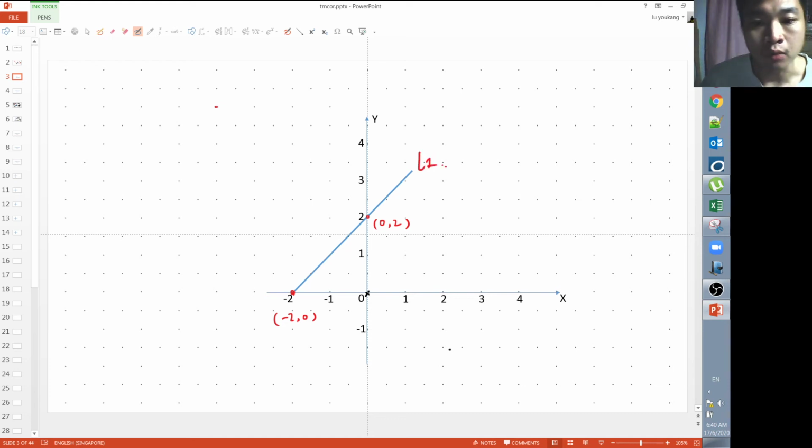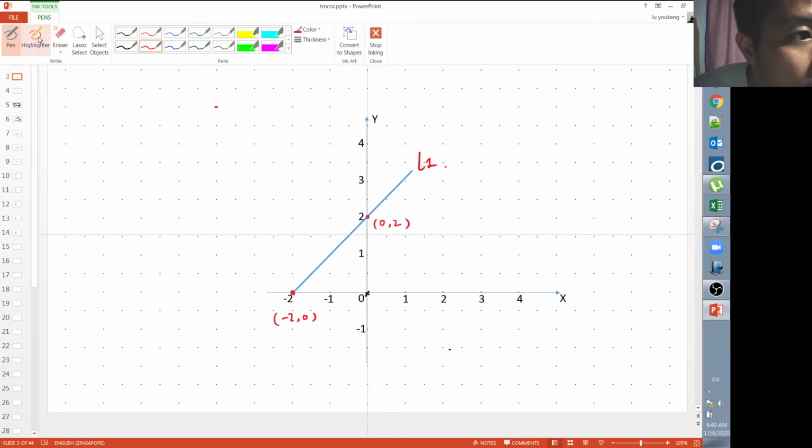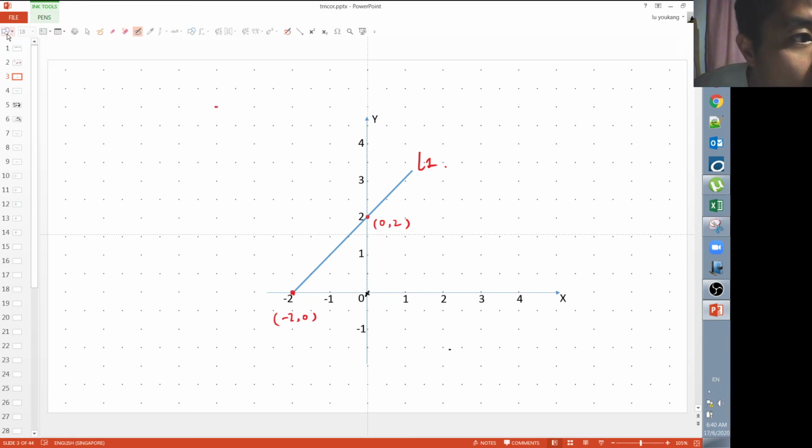Just now we talked about two lines that are parallel to each other. The gradients of these two lines are the same. Now what about this? Before that, I would like to plot 2 points first.